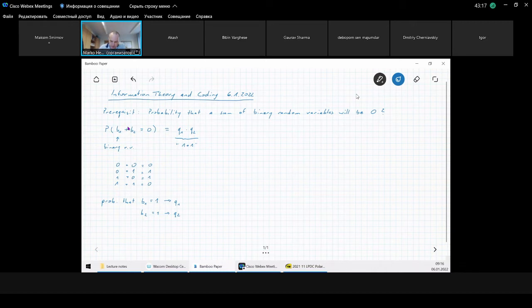But the result of the sum will also be 0 in the first case. So if both bits are 0, this will happen with probability (1 minus Q1) times (1 minus Q2). This will be the probability for the case that both are 0.